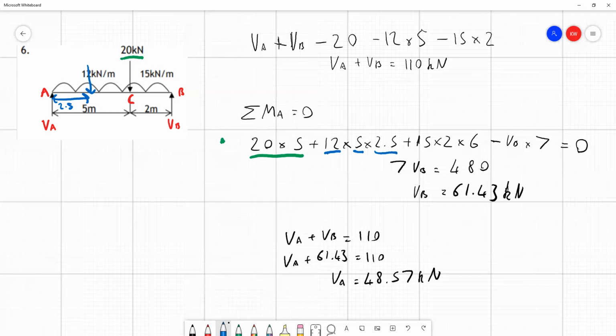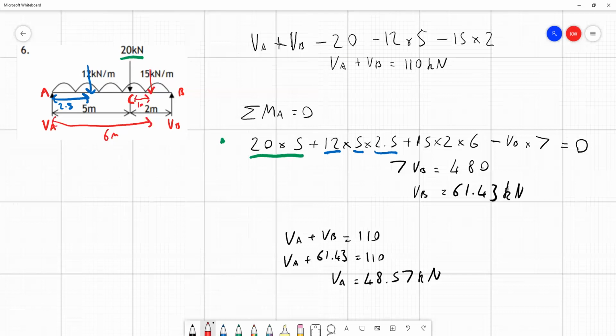Now, where I need to think a little bit more carefully is for the force causing the moment and the right-hand side UDL relative to A. So, as we'd expect, it's going to apply halfway along the UDL, between C and B. That's where this is applying. And this is 1 meter away from C. But of course, C itself is 5 meters away from A. So we're considering the whole distance from A to this point halfway between C and B. So this is 6 meters we're going to be working with here.